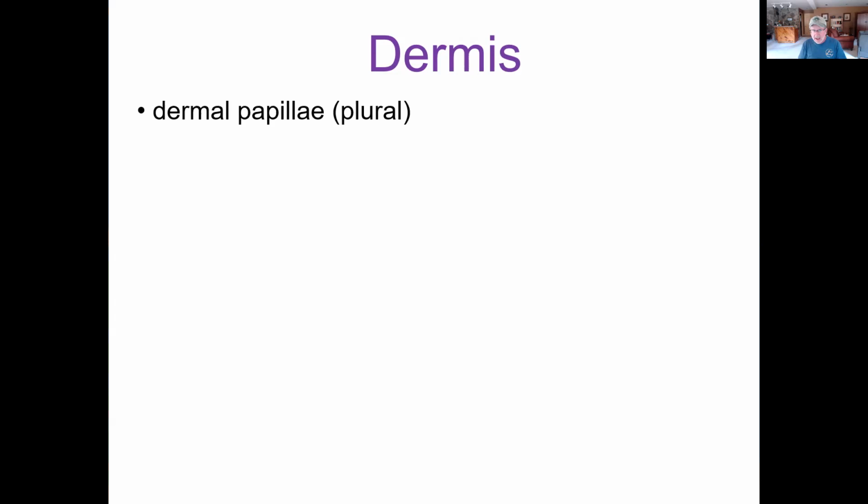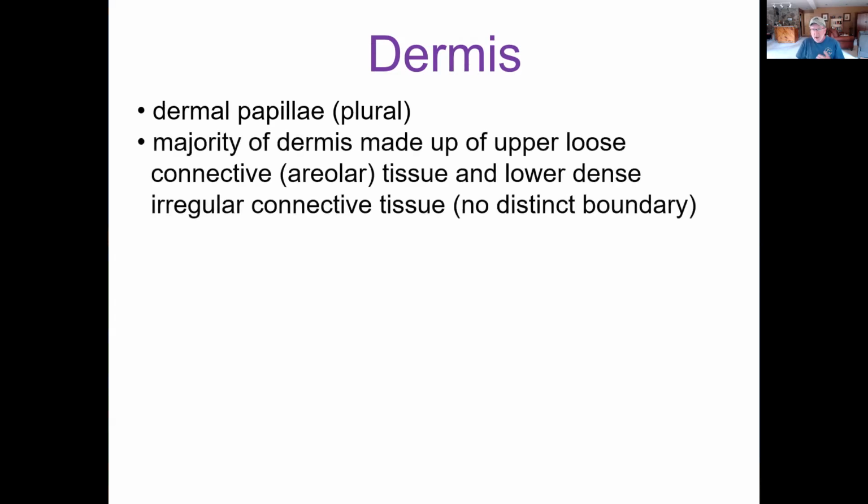You'll be seeing those in lab. We also talked earlier about the dense irregular connective tissue that is also found in the dermis. We can add to that areolar or loose connective as well. You saw that recently in lab. The haphazard arrangement of both elastic and collagenous fibers, remember, in the matrix.